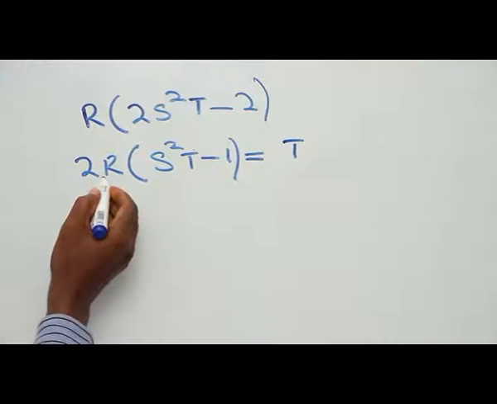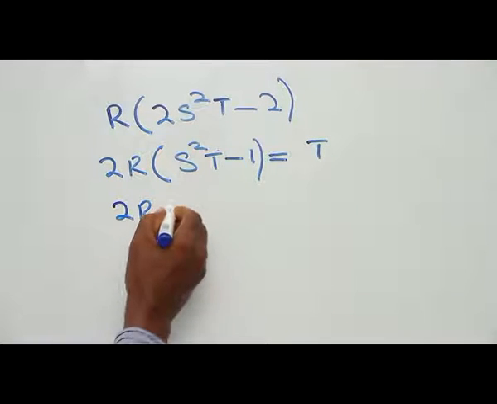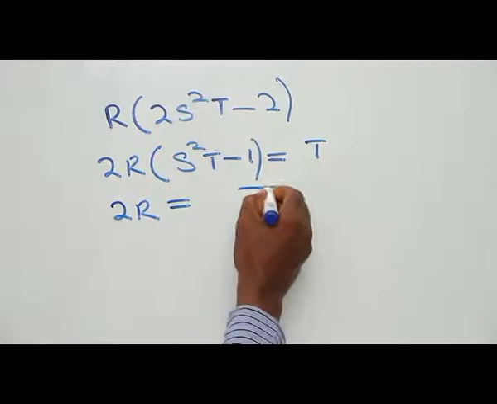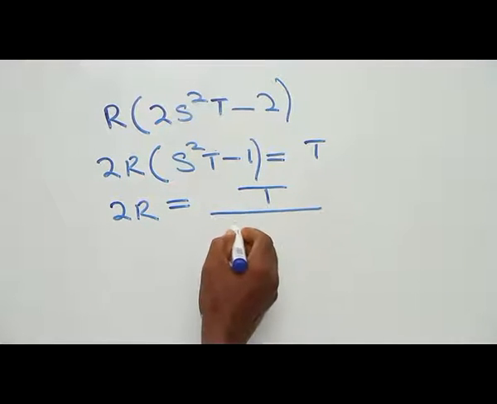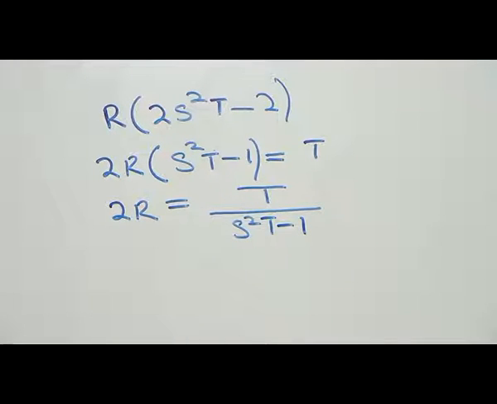Remember, it is R we are making the subject of the formula, so we have 2R is equal to T all over S squared T minus 1.